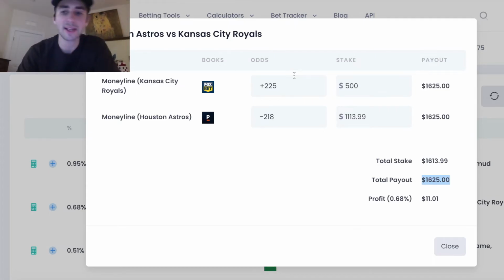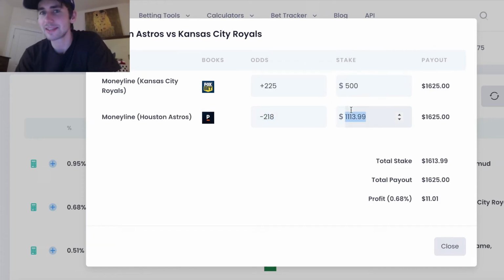So the whole point is, if you're able to place 5 bets like this a day, it takes 2 seconds. All you have to do is pull up Fox Bet, place a bet at plus 225 odds, put $500 on it, maybe that takes 30 seconds. Go to Pinnacle, place a bet of this amount, maybe that takes another 30 seconds. It's not hard.